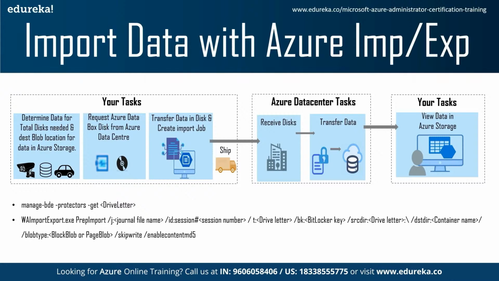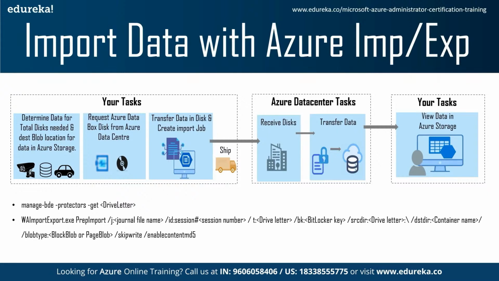It shows WAImportExport.exe PrepareImport, and this is the default. What will change is the part in the brackets. You can see the journal file name that will be generated when you use the WA Import/Export tool. There will also be a session ID number that will be generated, so that also you have to put.